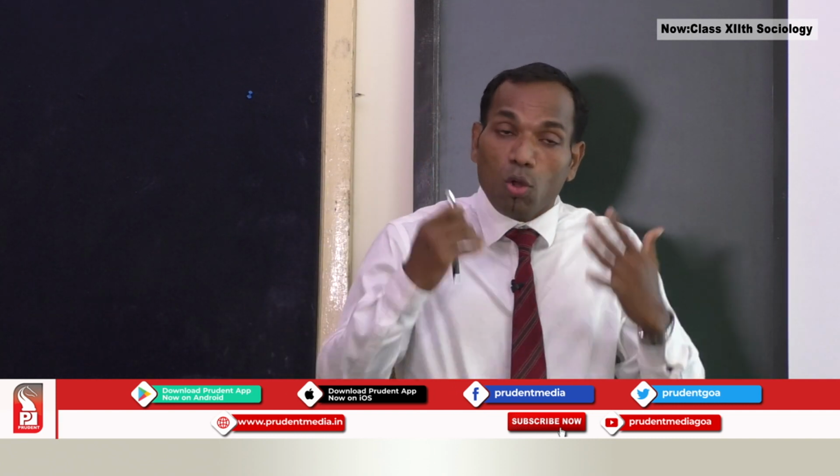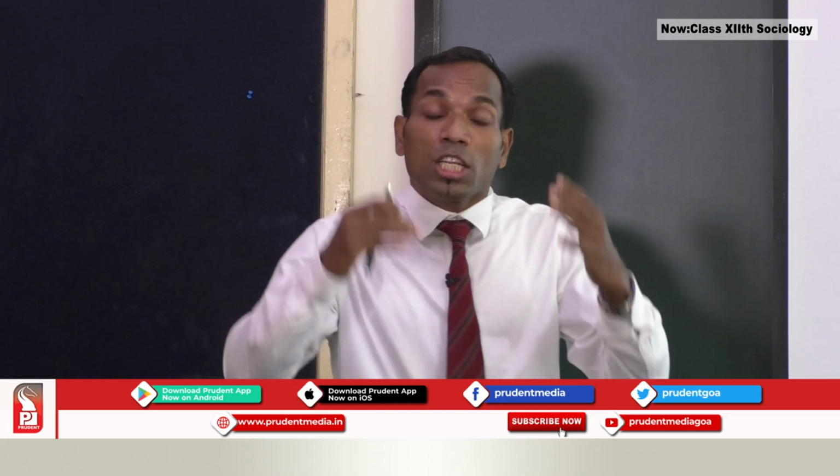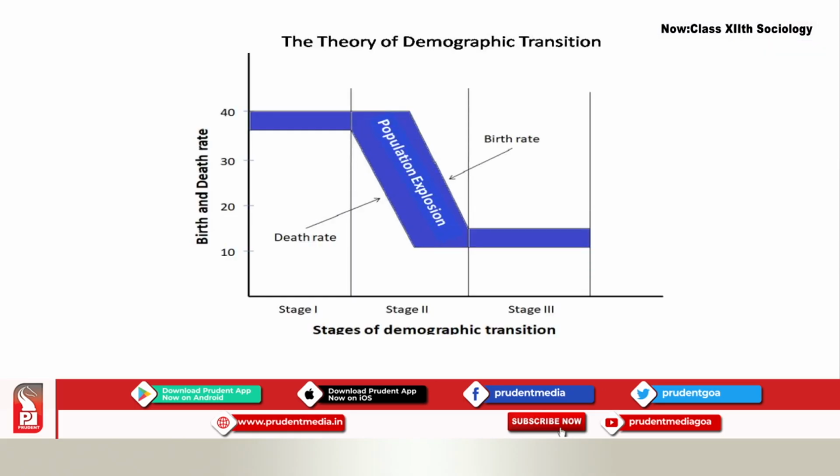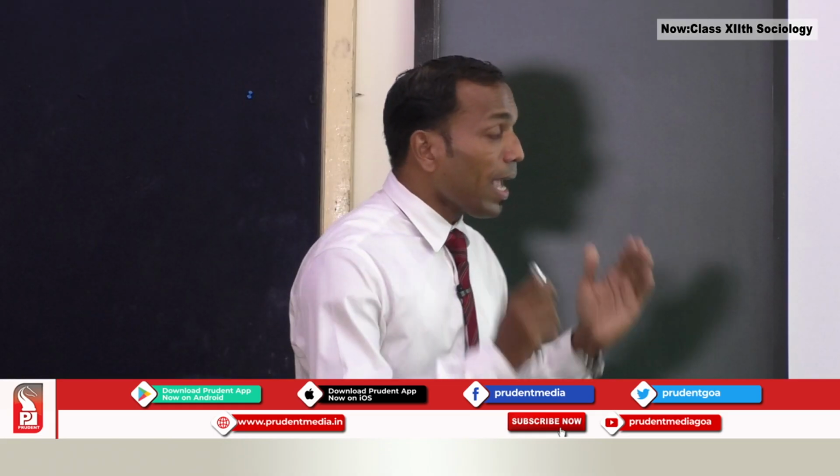Now in the third stage of this demographic transition, the society is developed. The society is technologically advanced. People are educated. They know what is good and what is bad for them. They know the advantages of having a small family. And in this society, you can see the shaded portion over this graph. This shows the low birth rate and also low death rate. Because of this, in the third stage of demographic transition, we have a low growth rate of population.